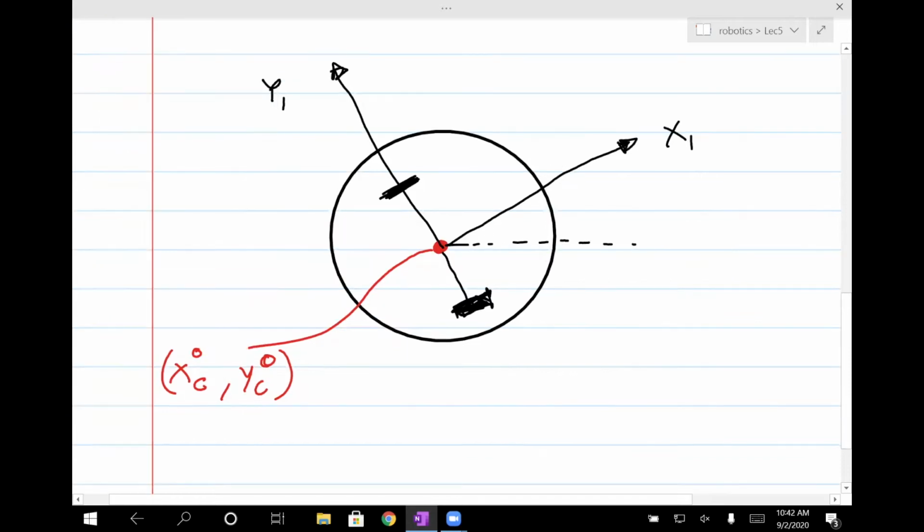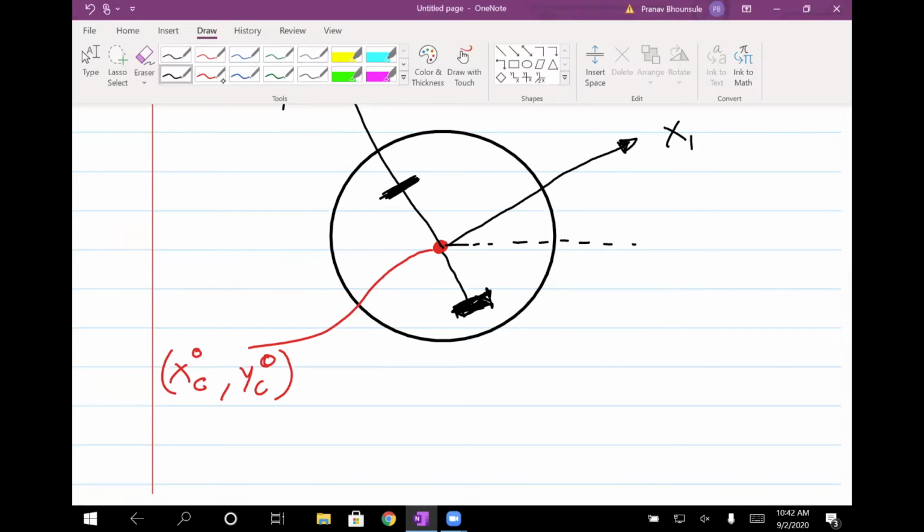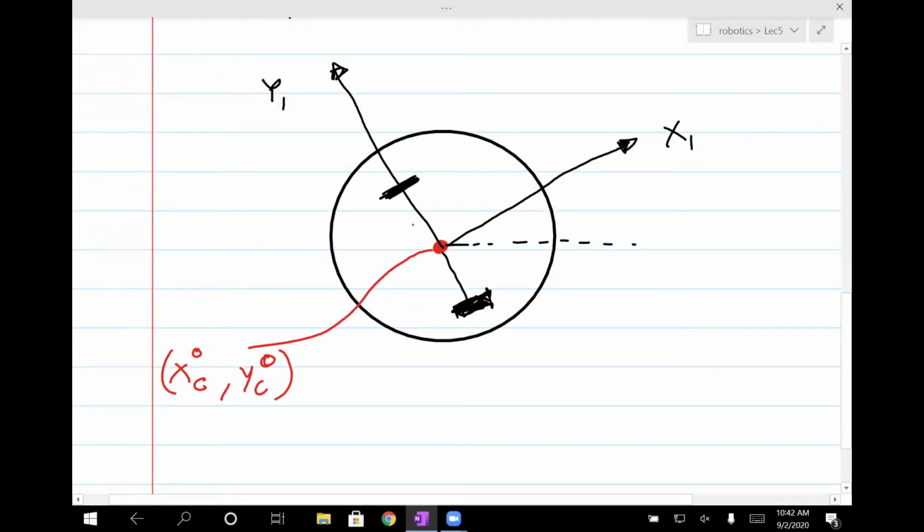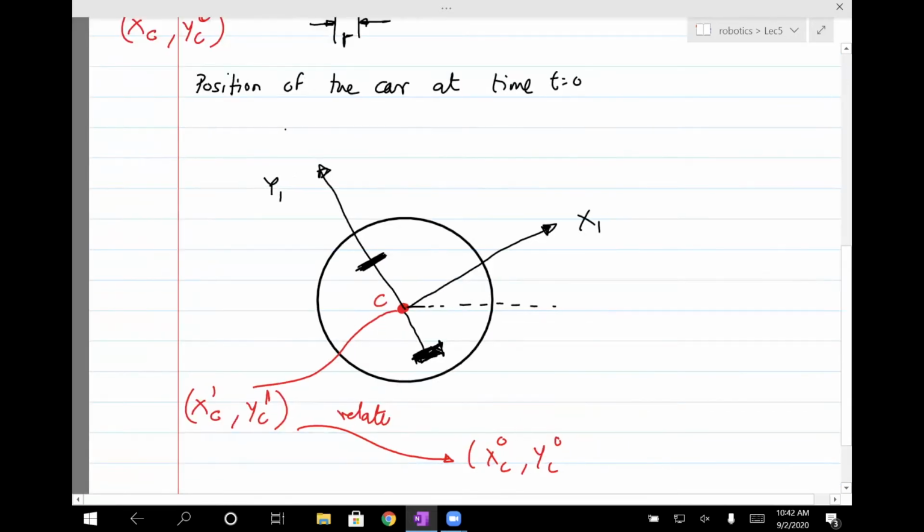Okay, so now this point, which is the center of the base frame, is going to be xc1, yc1. But I can also relate this to xc0, yc0, but that's at time t. So maybe I should make this distinction clear.